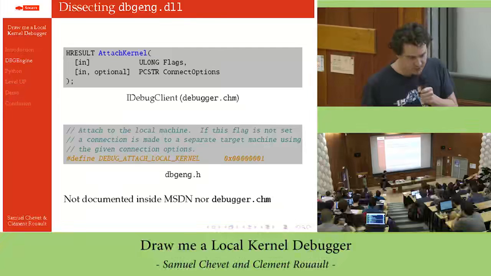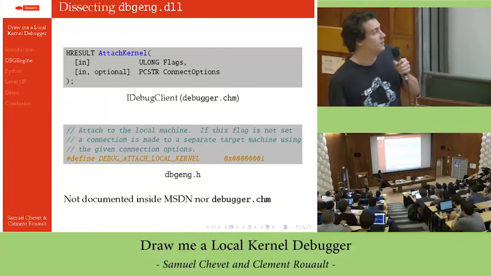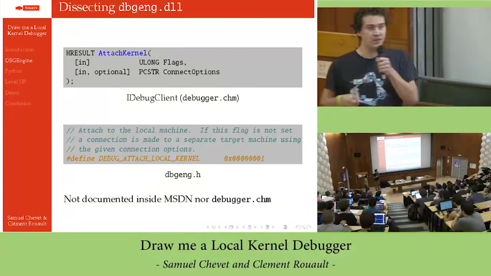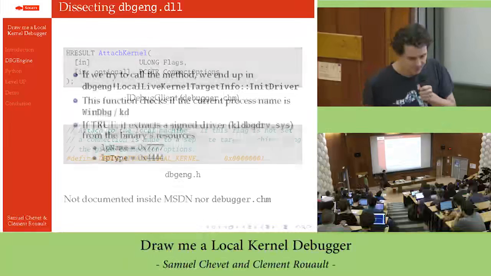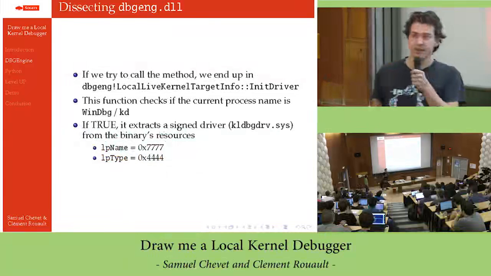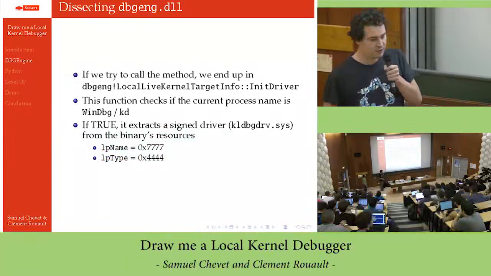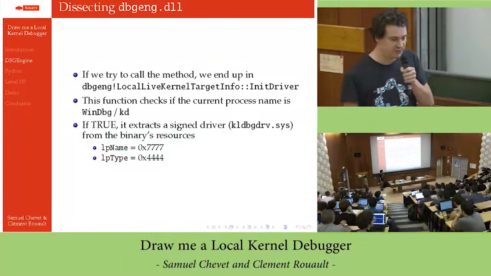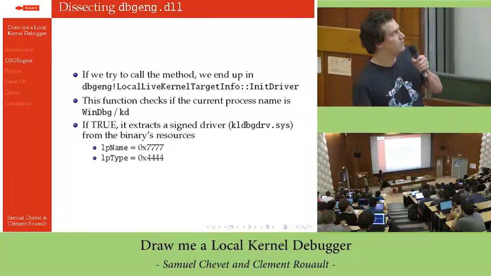It was called DEBUG_ATTACH_LOCAL_KERNEL. So we thought, okay, let's try to put this flag and see what happens. If we try to call this method, we will end up in a function named LocalLiveKernelTargetInfo::InitDriver, inside the COM object. So we thought, what? There is a driver.